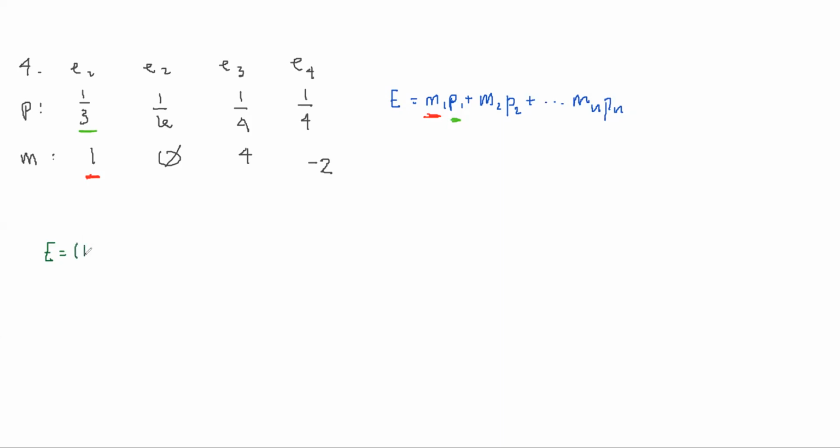So we're going to end up with 1 times 1/3 plus 0 times 1/6 plus 4 times 1/4 plus -2 times 1/4.